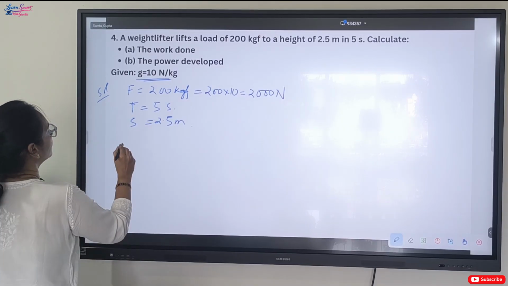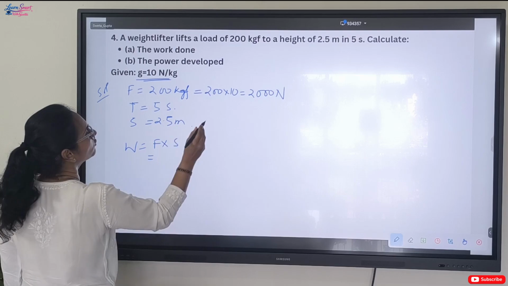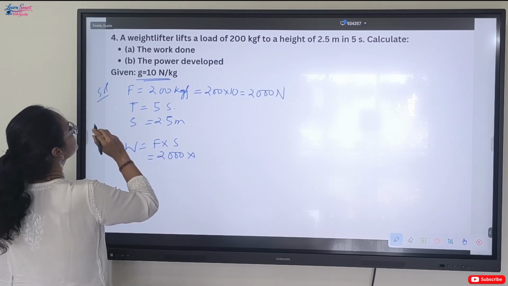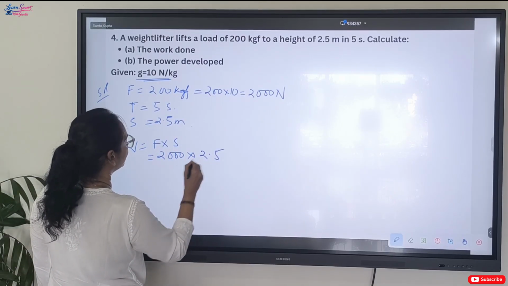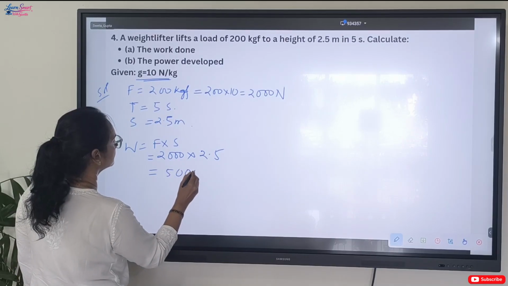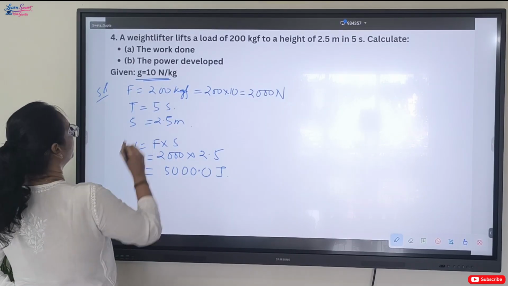And we have to calculate the work done. Simple. Work done is equal to force into displacement. Force is 2000 and displacement S is 2.5 meter. 2000 into 2.5, simply calculate. So it will come to 5000 joules. And then power developed.